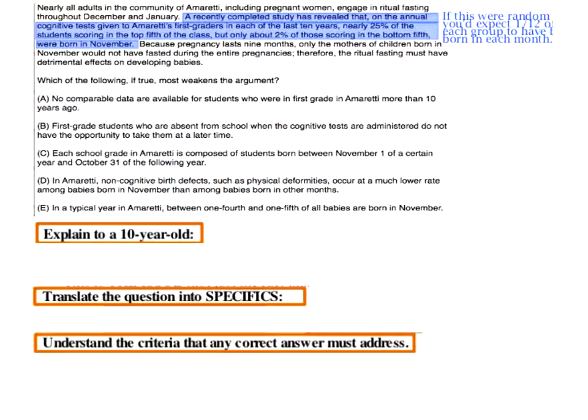So, in other words, November babies are way overrepresented in the top of the group, in the top quintile, and way underrepresented in the bottom quintile.